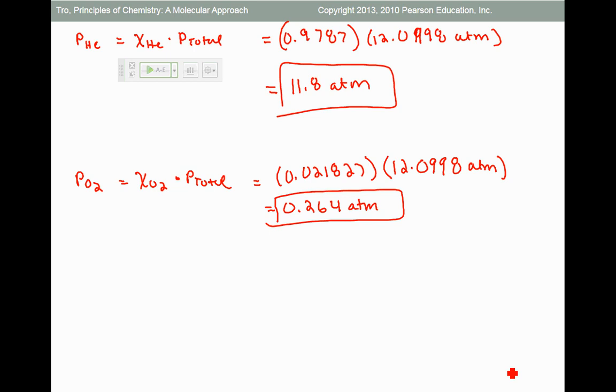If we add up these two numbers, we should get our total pressure. Because remember, this plus this will equal our total pressure. So you can always check your work. It should equal. So again, I really urge you as you're going through these to really think about what you're doing. Don't just memorize steps.